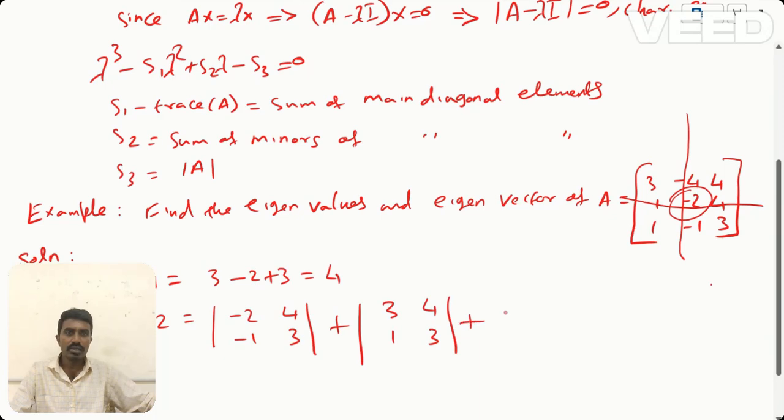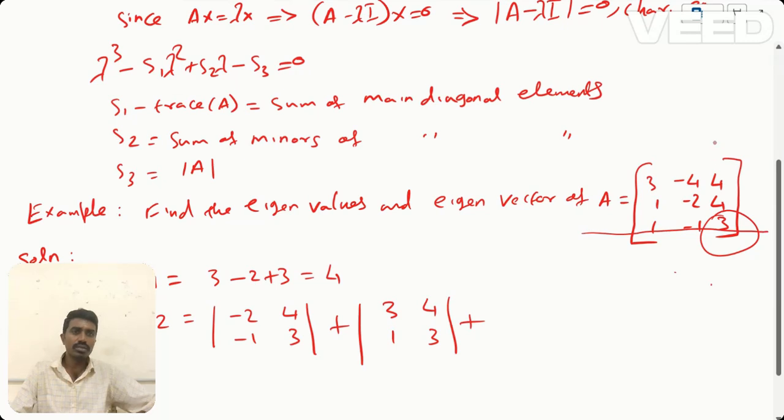And then plus, remove the next column and row, that is the minor of this element. Remove this row and this column, then the remaining determinant is [3 -4; 1 -2].